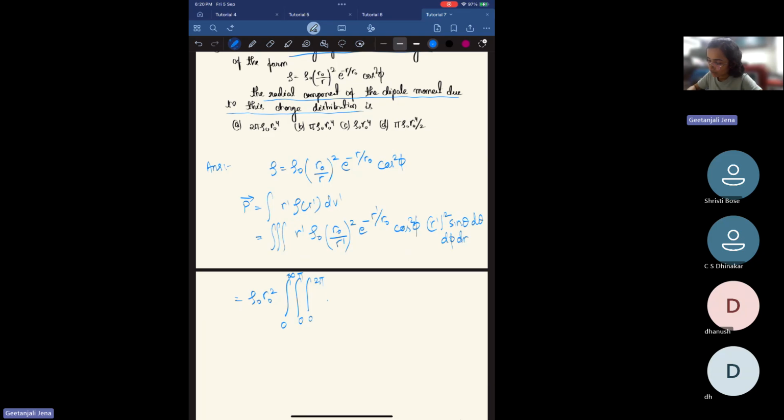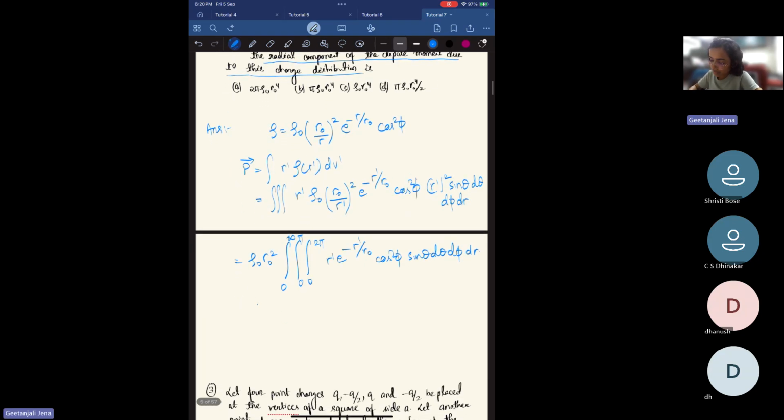So now we have e to power minus r by r0, r prime e to power minus r by r0 cos square phi and theta d theta d phi dr. So the r integration, if you just calculate it, will give r0 square for the r integration, and for the theta integration it's 2, and for the phi integration it's pi.